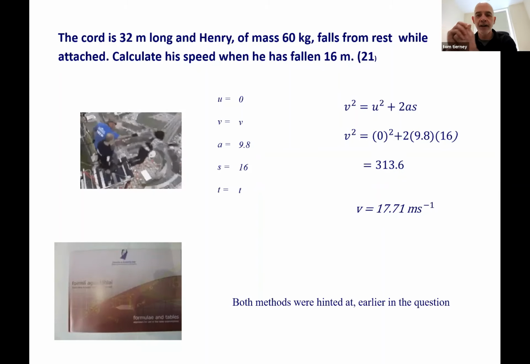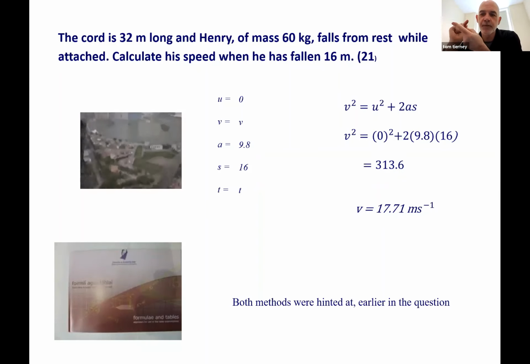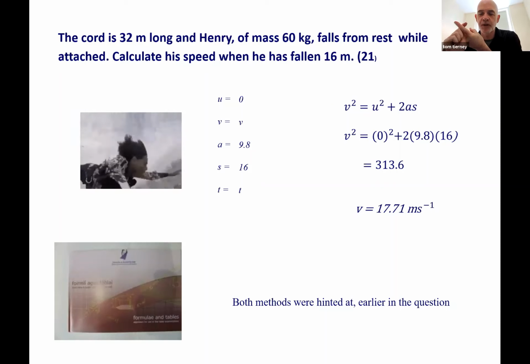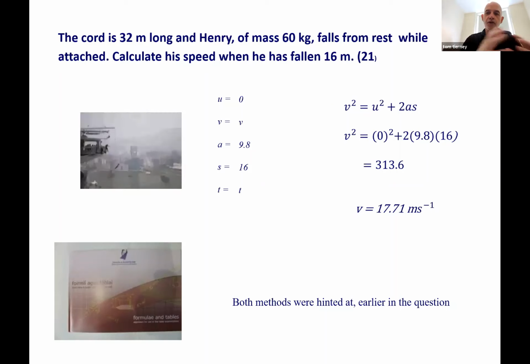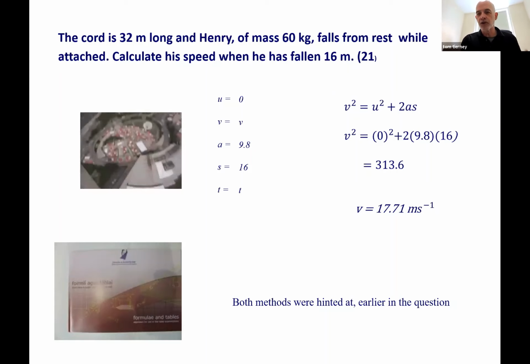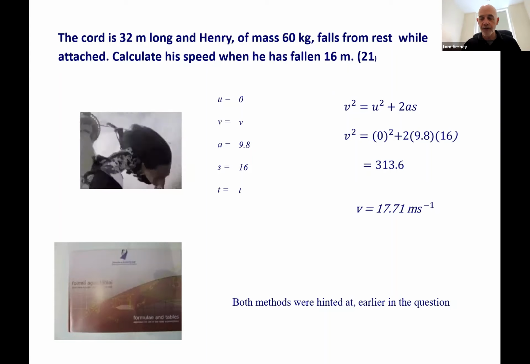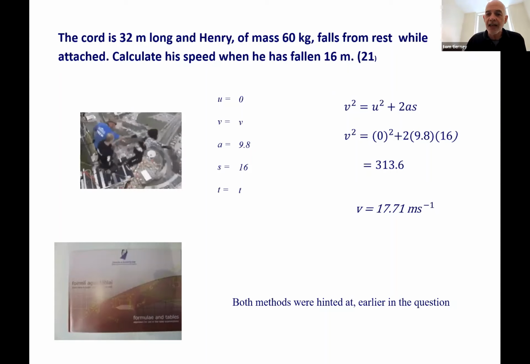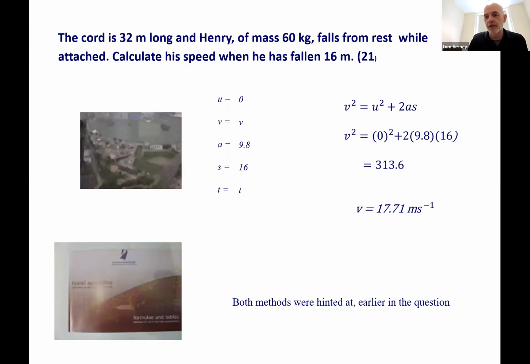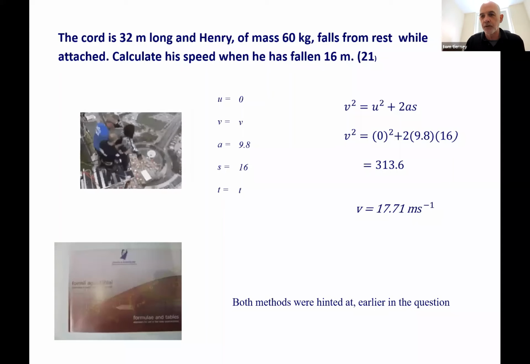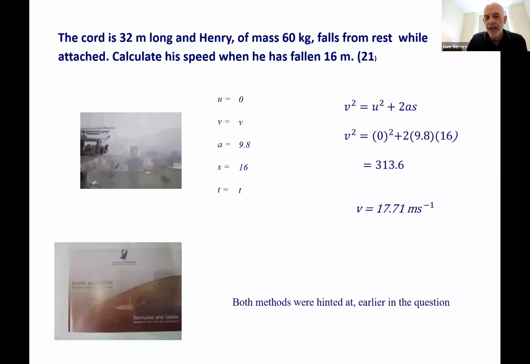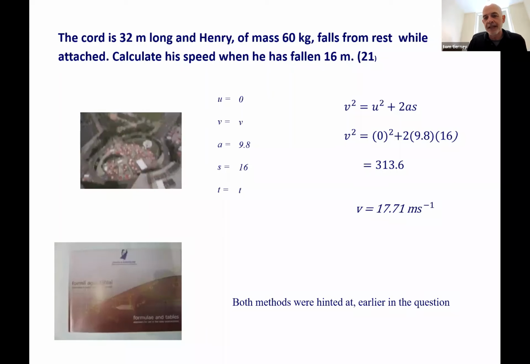Now, what's important there is you could approach that from a conservation of energy perspective, potential energy lost equals kinetic energy gained, or you could approach it from an equations of motion perspective. Both are valid, both will get you full marks, and both were hinted at earlier in the question. If you're stuck on a mathematical problem, if there's numbers there, glance back up to the beginning of the question.